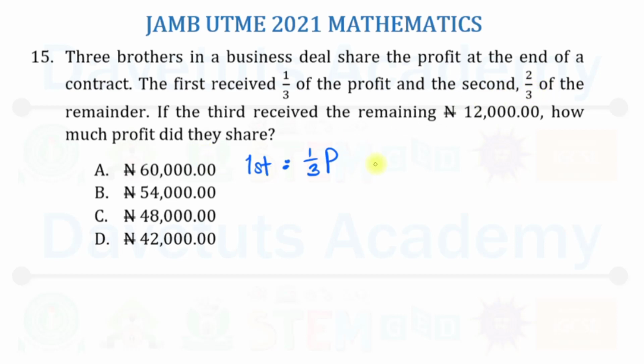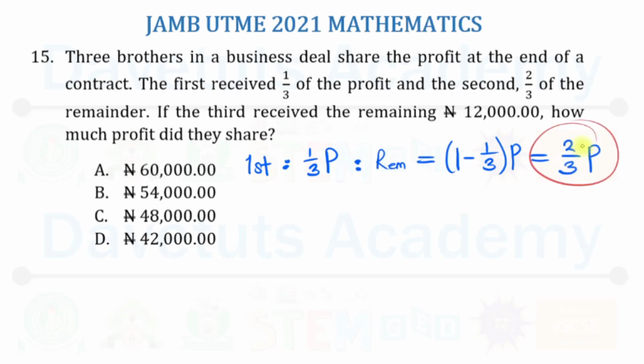So before we go to the second, we need to find the remainder, okay? So here, if 1/3 is gone, the remainder will be 1 minus 1/3 of P. And that is just as if you are saying 3/3 minus 1/3. So that will just be 2/3P. Okay, so this is the remainder.